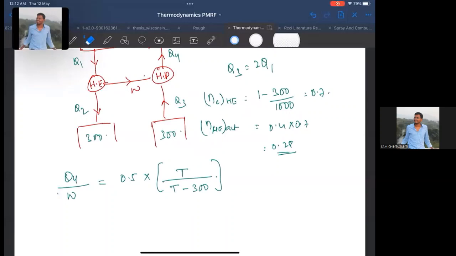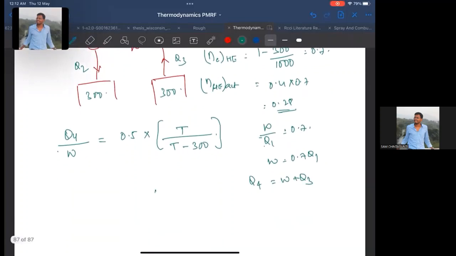So we already have that W by Q1 is equal to 0.7. So W is equal to 0.7 Q1. And now Q4 is equal to W plus Q3, and Q3 is equal to 2Q2.